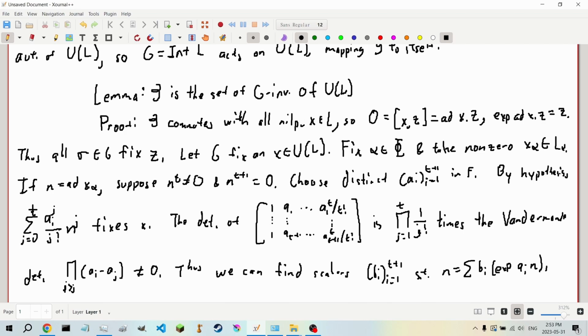And this is technically to be done in the space of the endomorphisms of the L submodule of the universal enveloping algebra of L generated by our x.